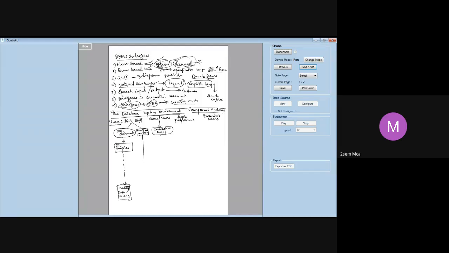Now, what happens once I write the query? This query is passed on to a module called the query compiler. So you have a compiler within the DBMS which is going to compile all the queries, and then it goes into a query optimizer.